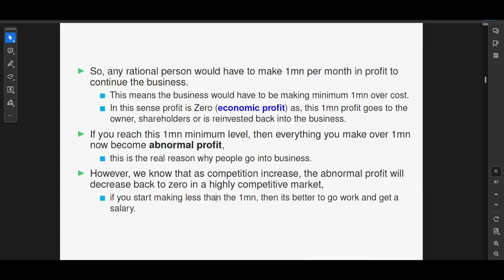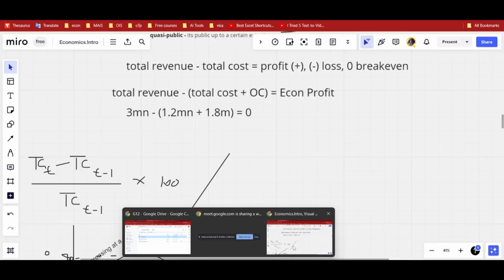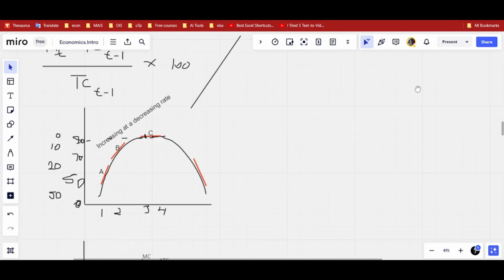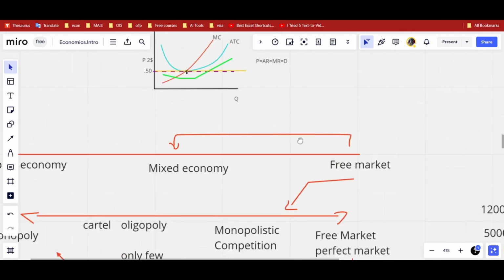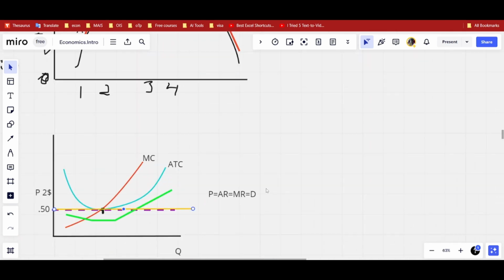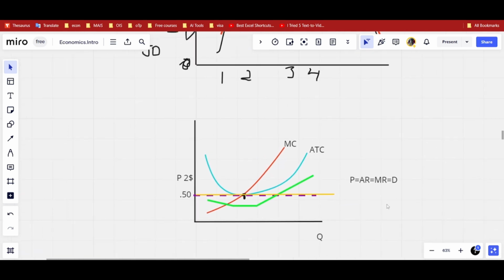So a long time ago, when you started learning economics at the IGCSE level, you learned this graph right here, and even in AS level, we have seen this: the marginal cost, the average total cost, the average variable cost, and then the demand curve, right?